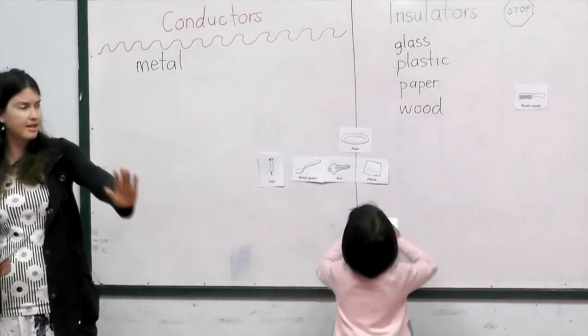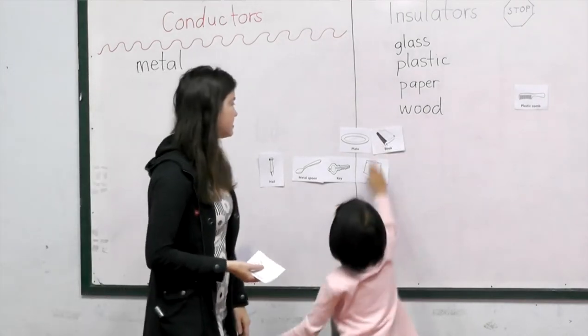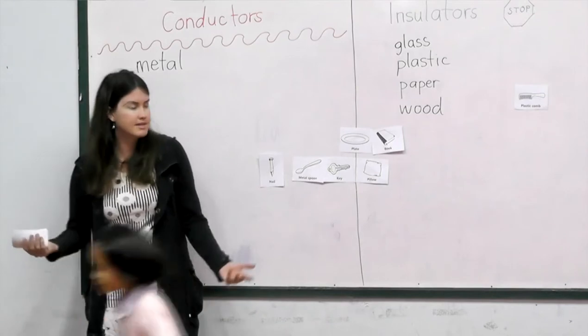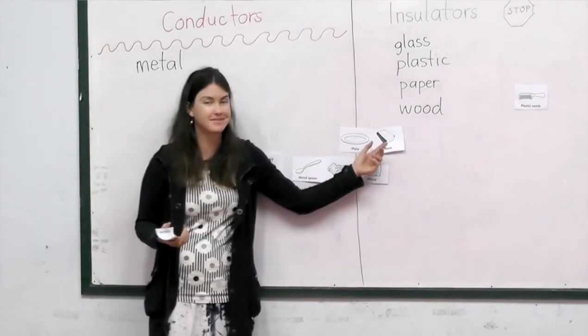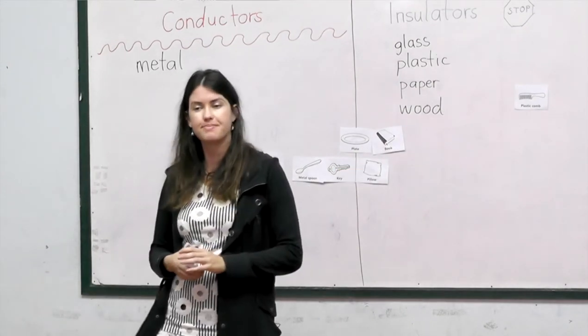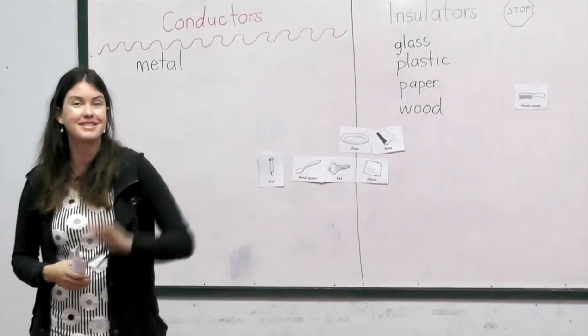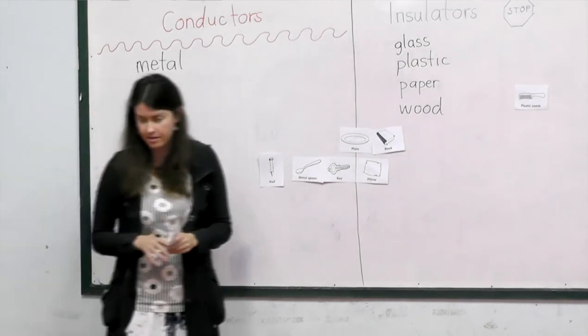It's going to stop that electricity. Okay, very nice. What is that book made of? Paper. Yeah, paper. So it's probably going to stop that electricity. It's an insulator.